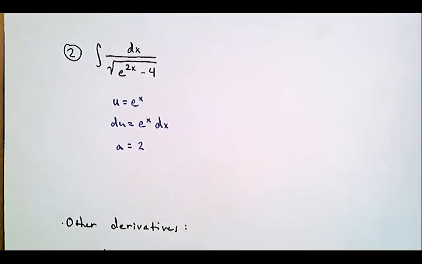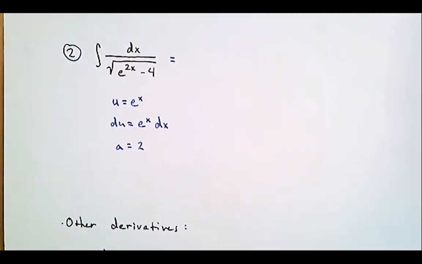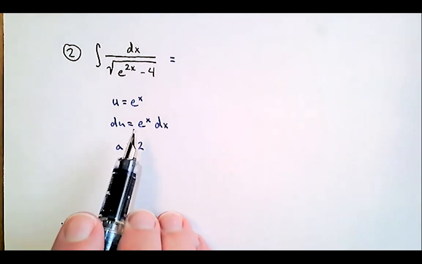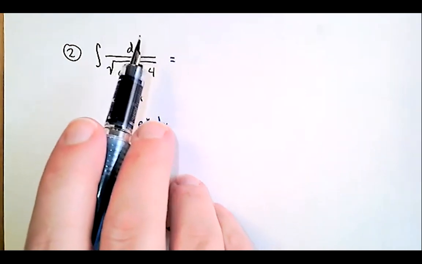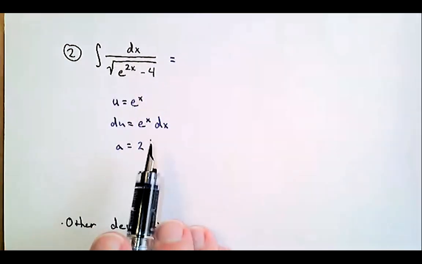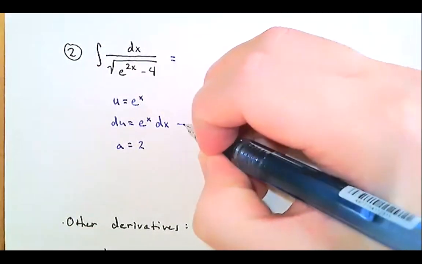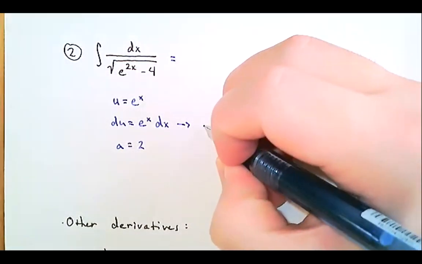So let's see what we get from this. Well, before we get any further, you'll notice that there is not an e to the x here with the dx. So I'm going to have to rearrange du equals e to the x dx to this.